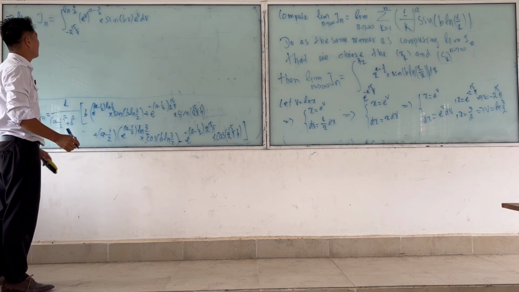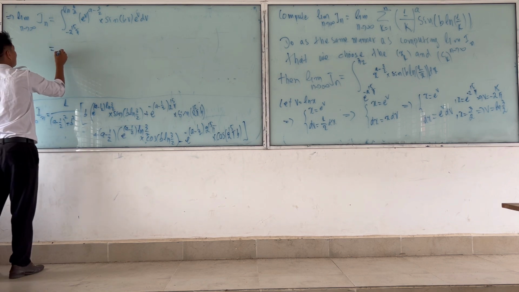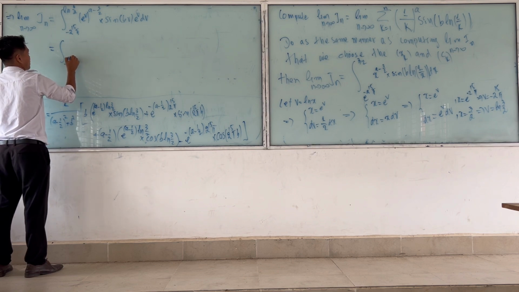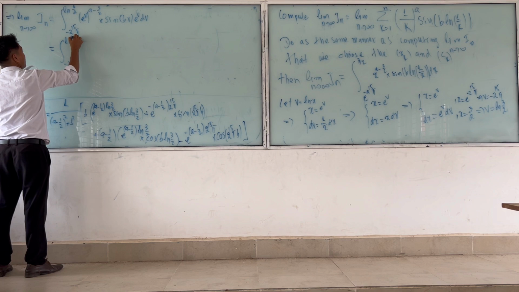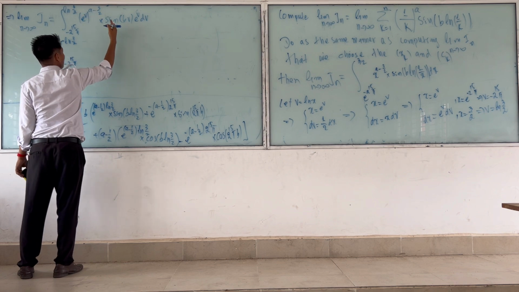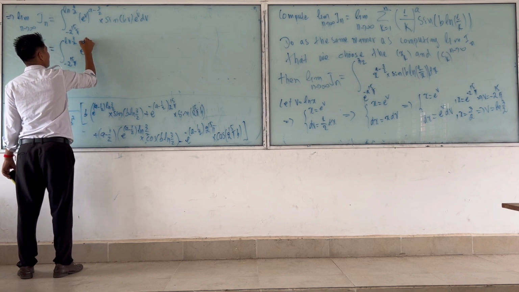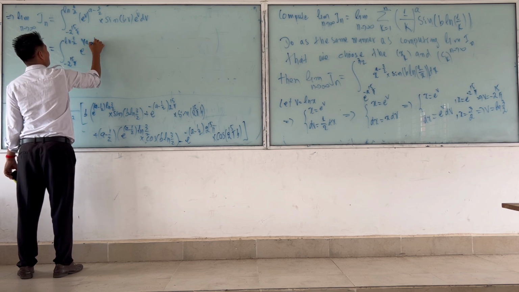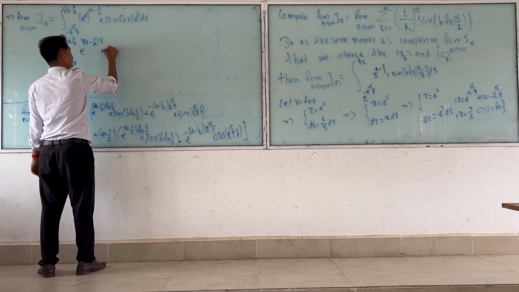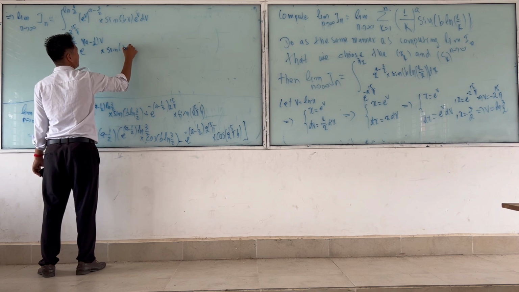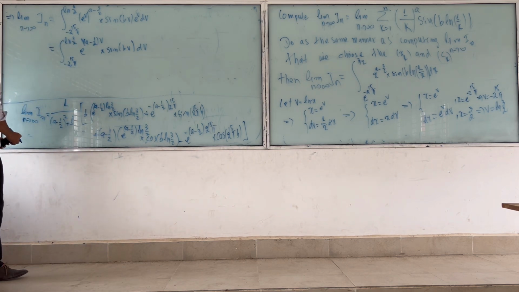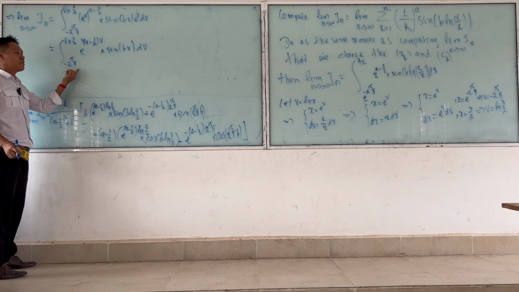So this equals the integration of e to the power v times (a minus 3 over 2) multiplied by e to the power v, which gives e to the power (a minus 1 over 2) v, multiplied by sin bv dv.